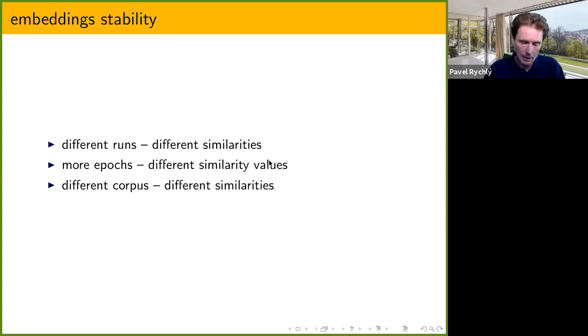So there is usually not so big differences in the list of nearest neighbors. So we get the same or similar list of nearest neighbors for some words, but the numbers of similarity are different.